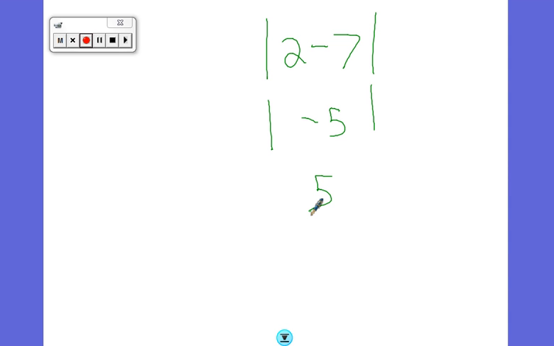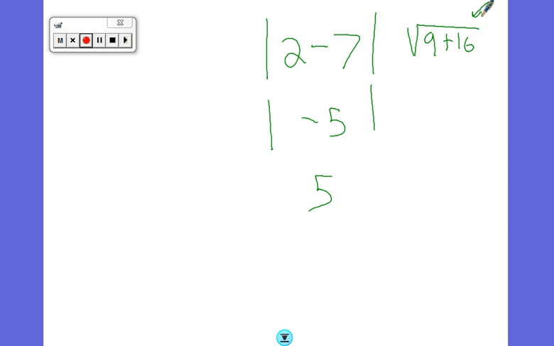Here's the really tempting thing, and I see a lot of people do this and get it wrong. A lot of people do the square root of 9 and then the square root of 16 and then add them and get 7, and you'd be wrong.